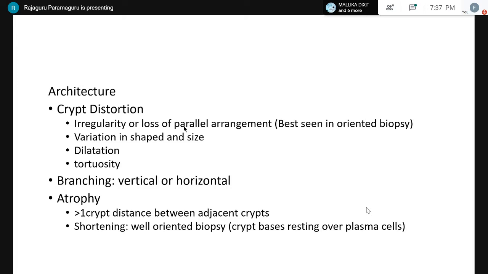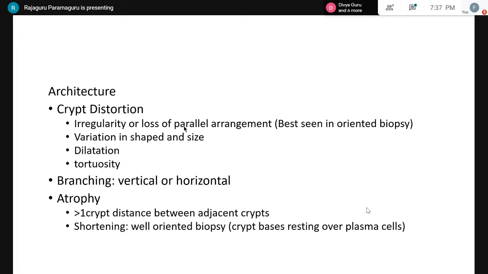So this is variation in the size and shape, and dilatation, and tortuosity, like that of a secretory endometrial gland. So a tortuous gland is also a distorted crypt architecture. And branching is where two crypts will be joined together. I'll show in the next image. The branching can be vertical or horizontal.